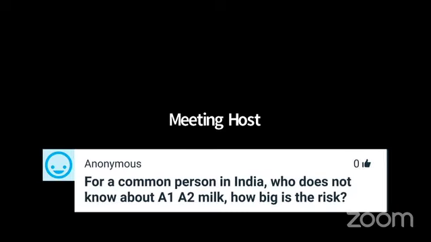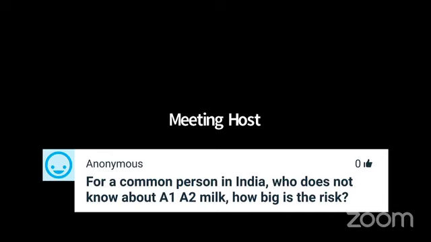For a common person in India who does not know about A1, A2 milk, how big is the risk? Close your eyes, go on eating whatever is digested by your body, enjoy. Nothing to worry, because in any case, more than 75% is A2 allele in India.